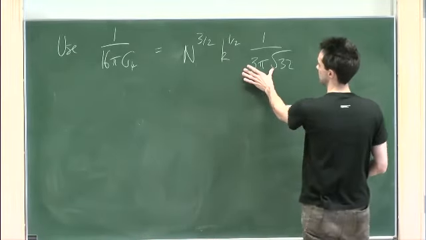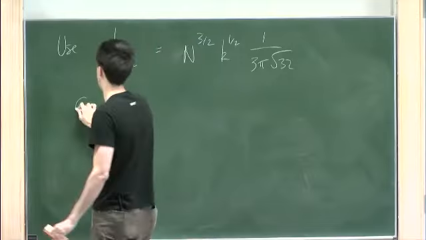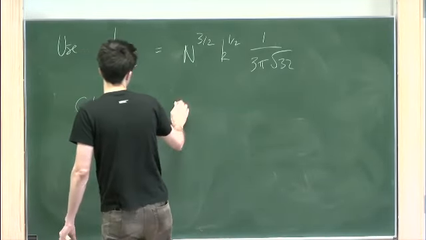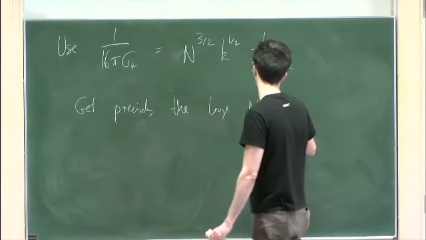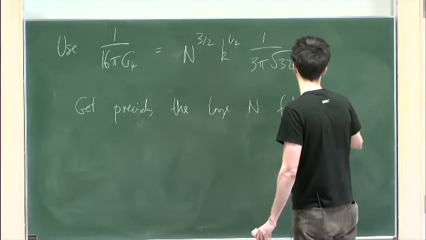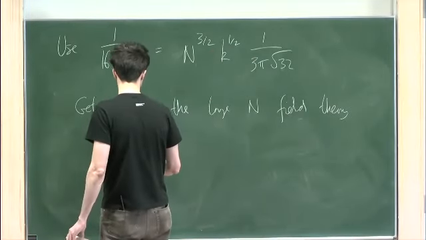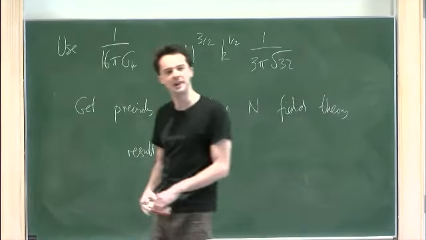So the volume of the 7-sphere is hidden inside this formula. You get precisely the large N field theory result. So this is actually a miracle when you see it happen.